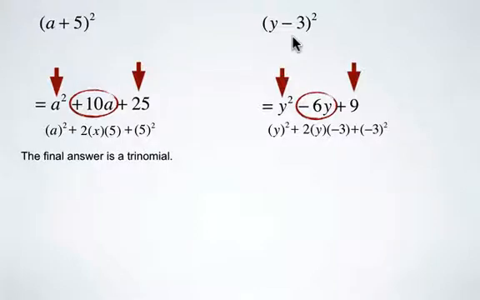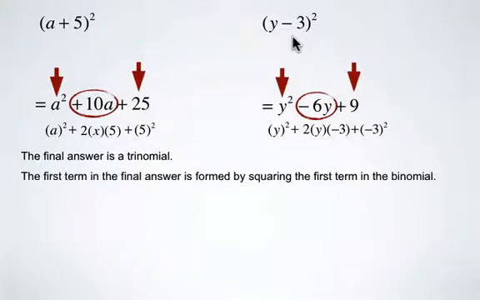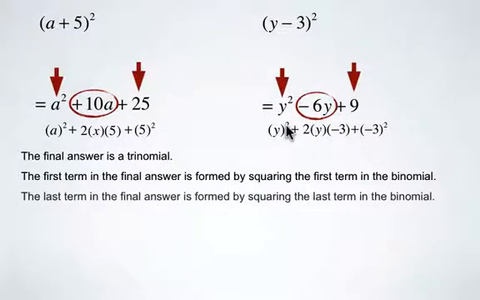The final answer is a trinomial. The first term in the final answer is formed by squaring the first term in the binomial. So our first term in this one is y. It gives us our first term, y squared. The last term in the final answer is formed by squaring the last term in the binomial.